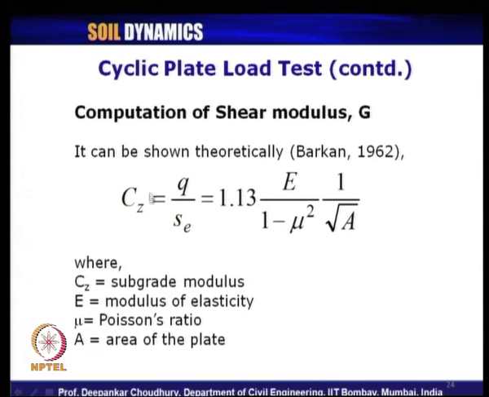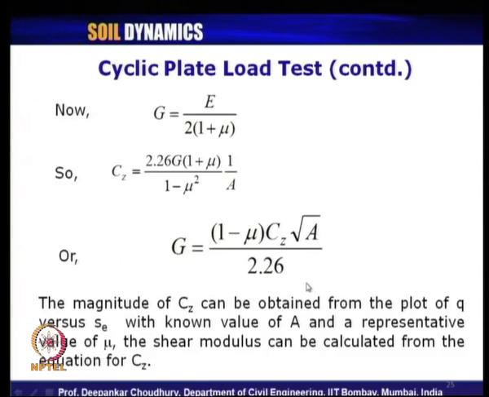So, using the cyclic plate load test, we have already obtained Cz. If the Poisson's ratio of the soil is known, and the area of the plate, whatever you are calculating, correspondingly you can get the value of E, the modulus of elasticity. How can you use it to obtain the value of G of the soil?